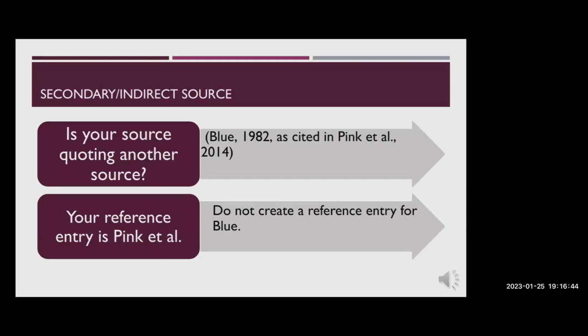You will also run into that quite a bit, especially if you're working with scholarly journal articles. There will often be citations from other pieces that they're working with. When you have that, you will not use Blue in your references. You will only use the Pink.